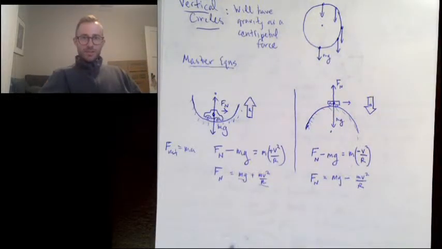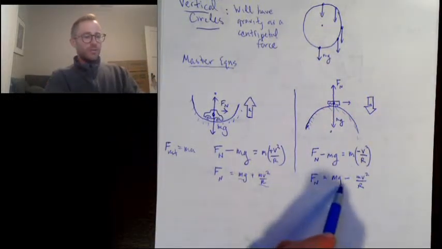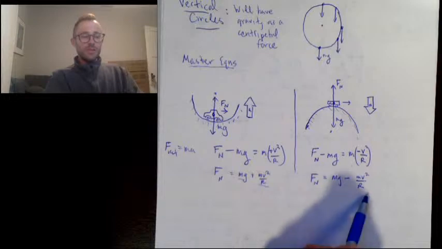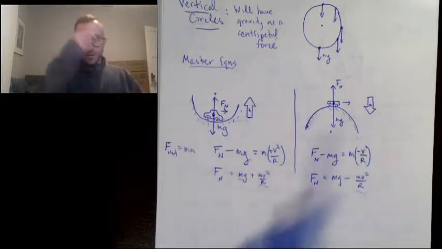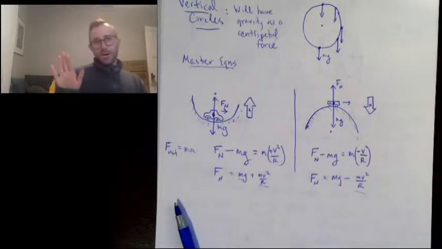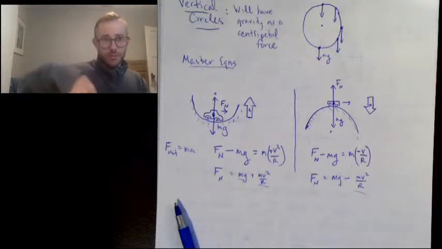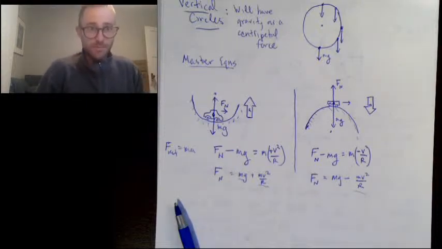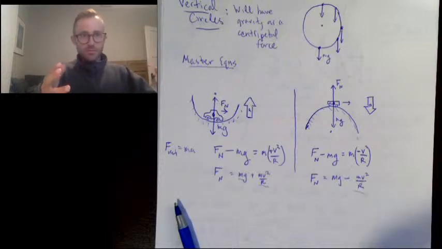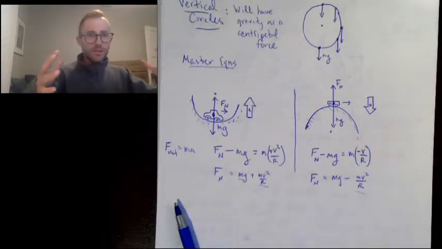So what we can see in this case is that the normal force is going to be less than the weight when you're going over the top of the hill. This is why when you're in a car and you're going really fast over the top of a hill, you feel kind of floaty. You don't feel that same normal force, and that makes you feel kind of insecure, floaty.